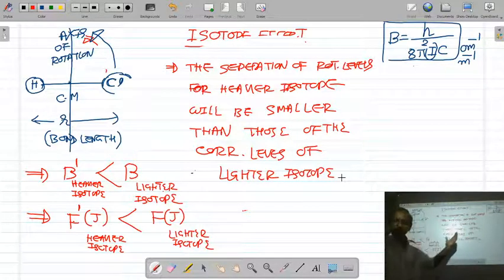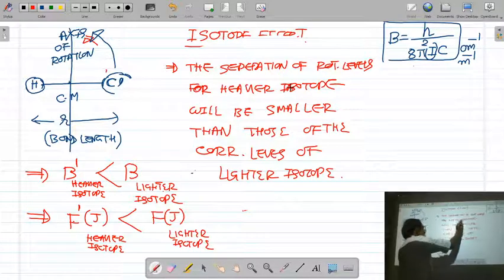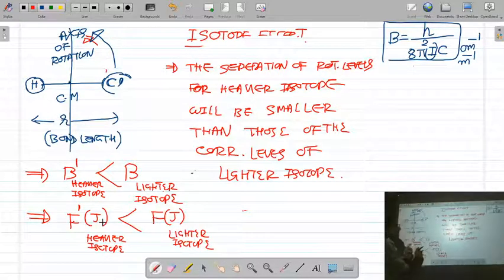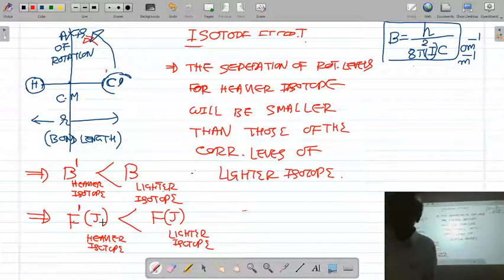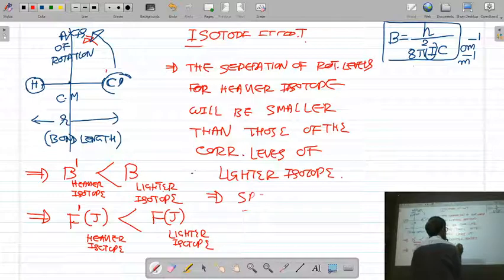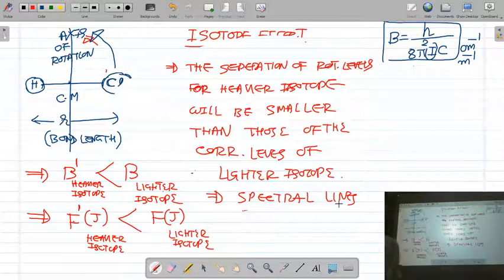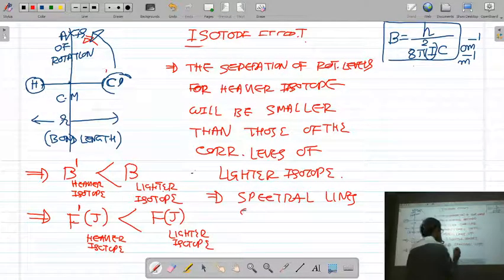Right? So this calculation shows that the separation of rotational levels for the heavier isotope is smaller than for the lighter isotope. Therefore spectral lines will also be closer.